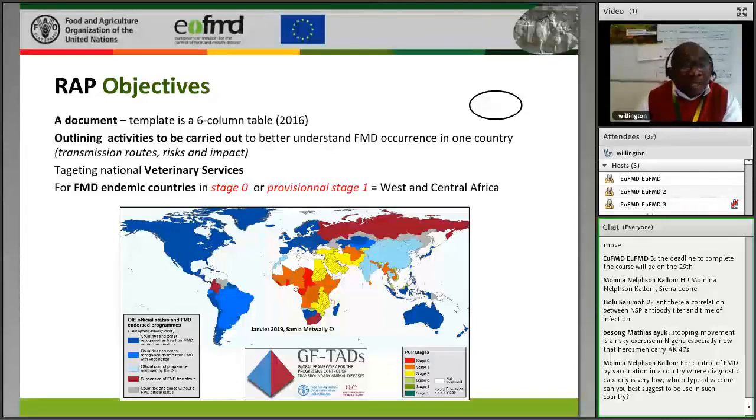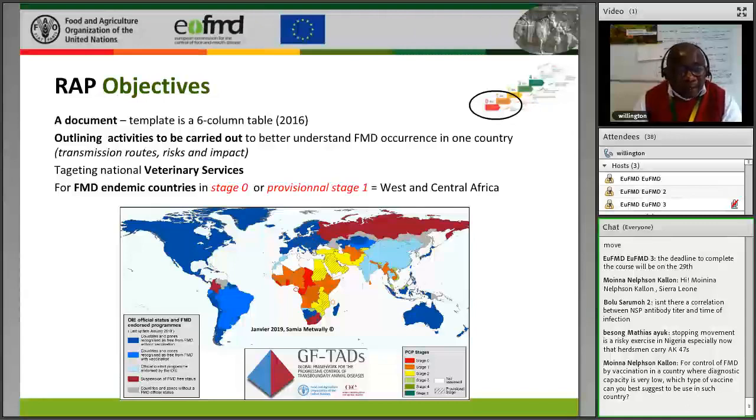This template has 6 columns outlining activities that have to be carried out. And you need to know that it's the veterinary service, the official body, that usually develops the risk assessment plans, but in collaboration with all the stakeholders.